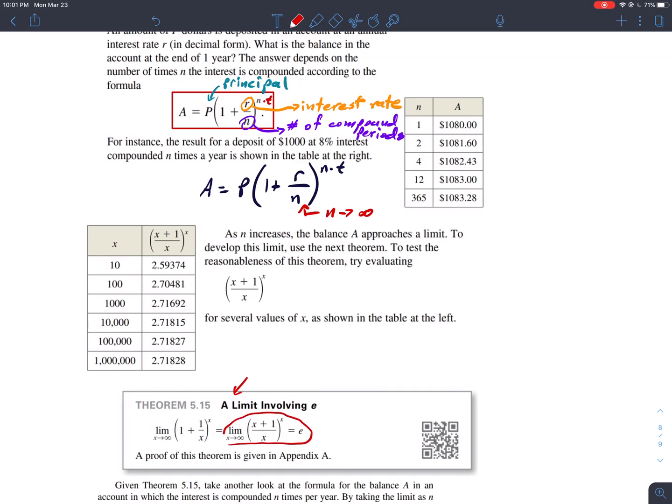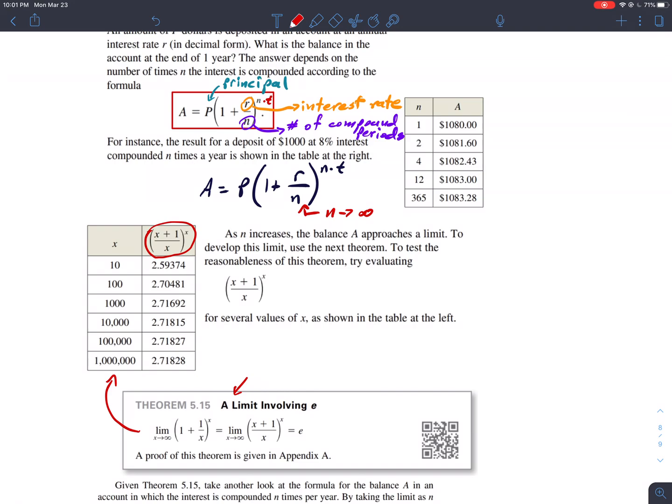And that's where we are going to back up and take a look at this table. The expression x plus 1 over x, all raised to the x power, if x gets increasingly larger, this table is kind of showing us what happens.